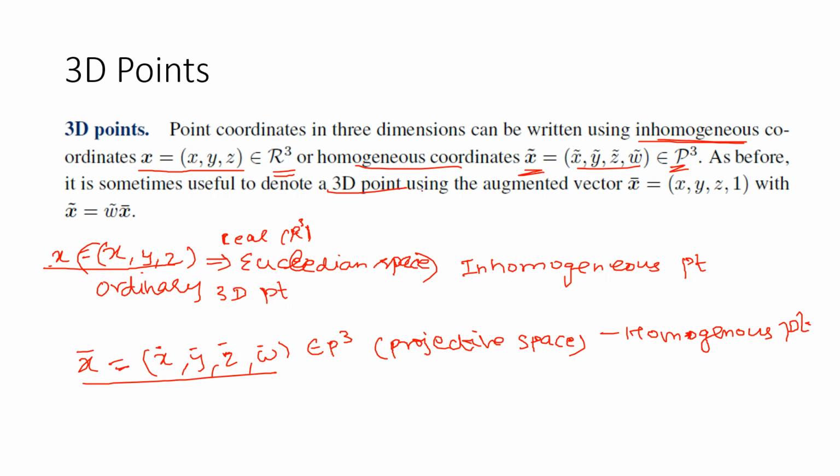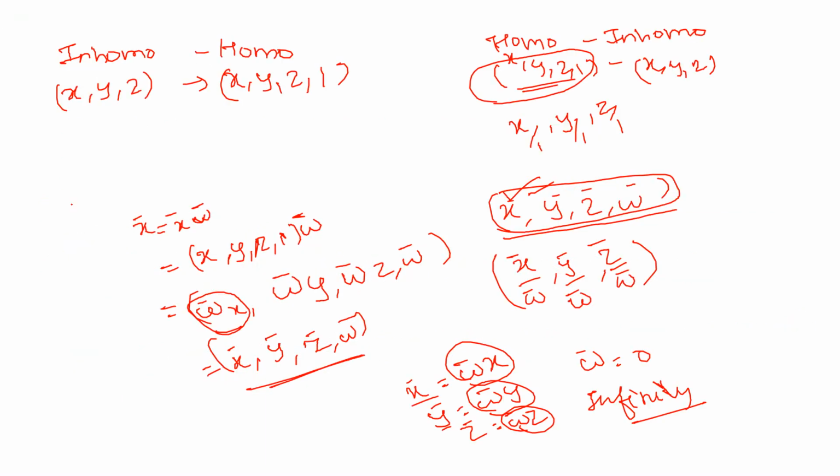We can represent the 3D point using an augmented vector x, y, z, 1, where this 1 is nothing but the w bar. On dividing by it we get x bar, y bar, z bar. So this is the general way of representing 3D points.